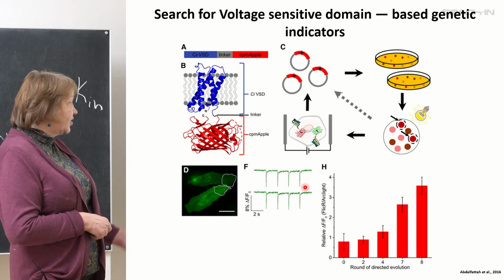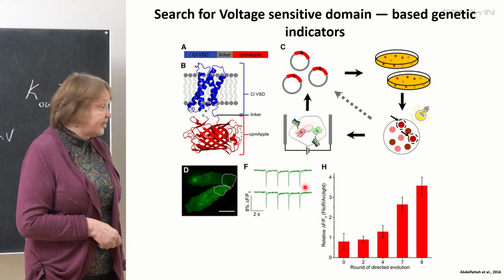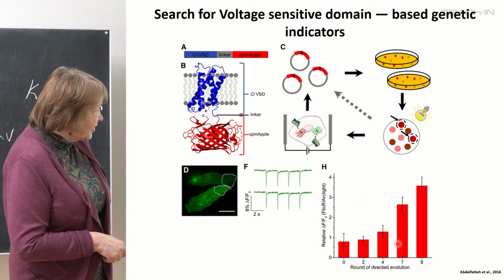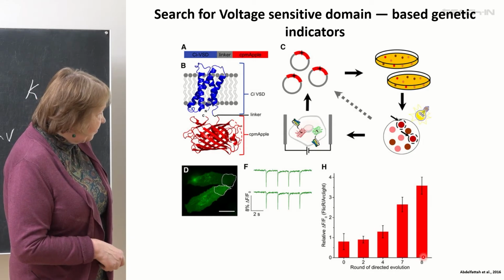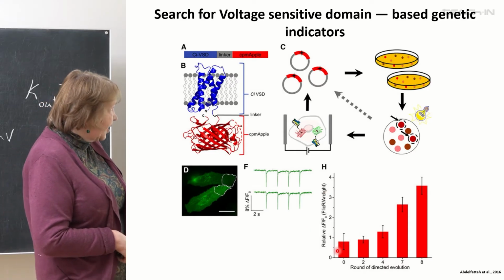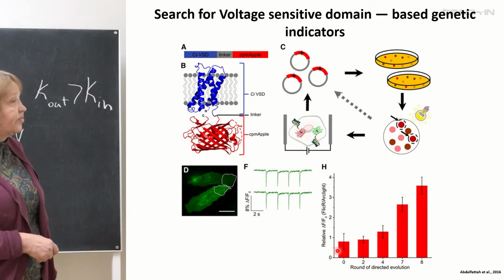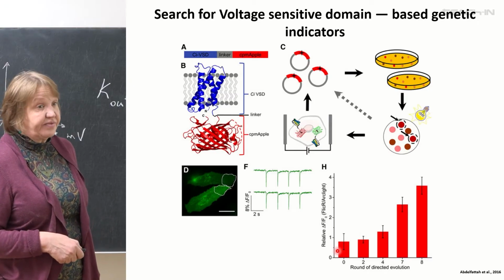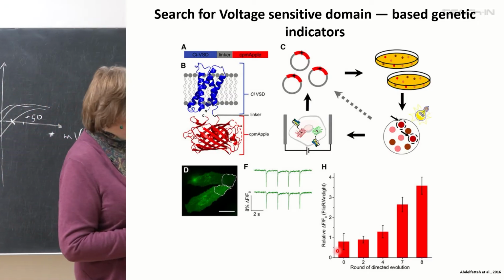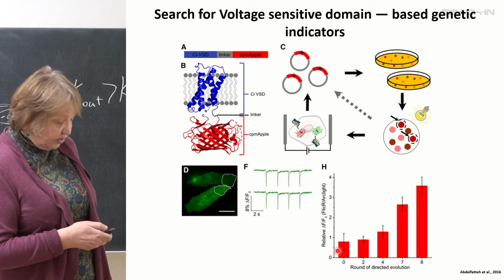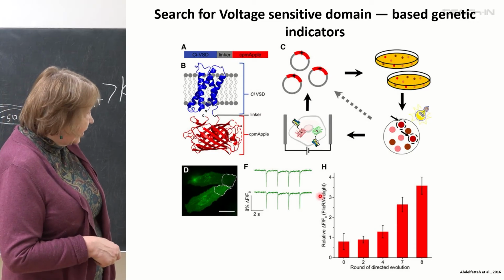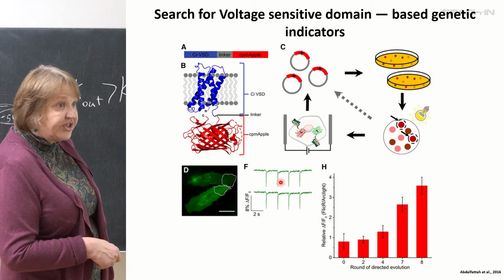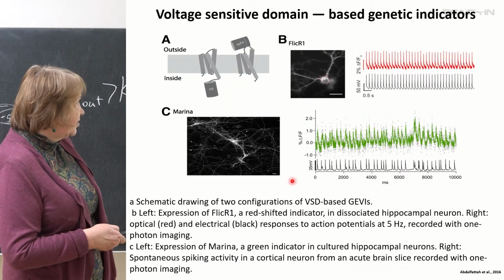So this was directed evolution, and they ended up with the construct that was most effective. So they could actually measure potential with this dye, and this shows nerve impulses and changes in fluorescence in response to them.